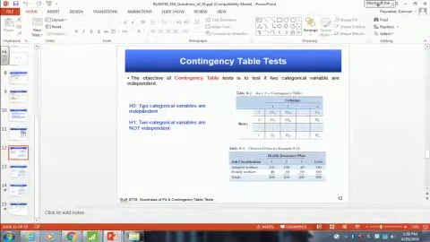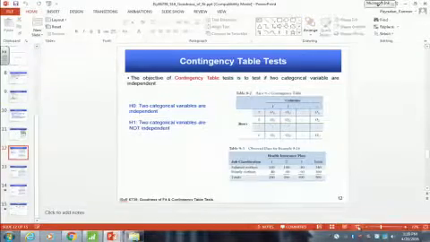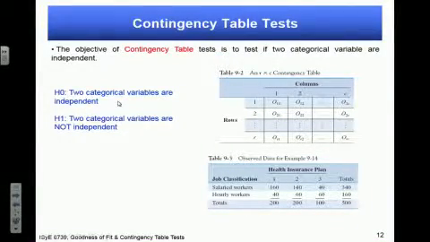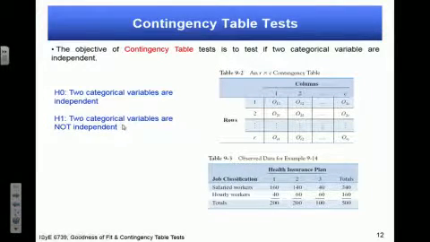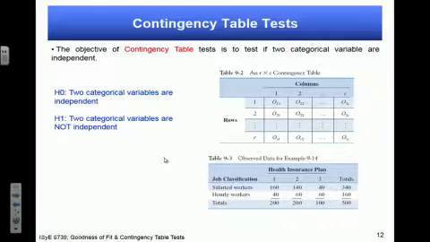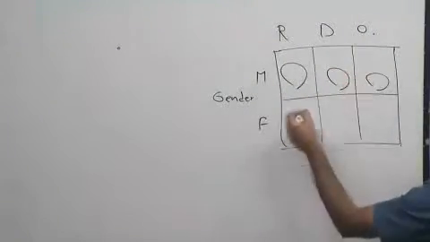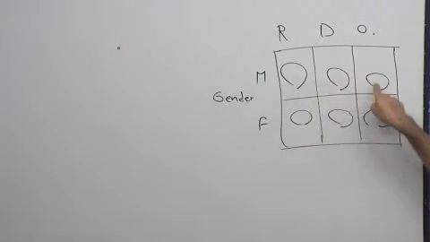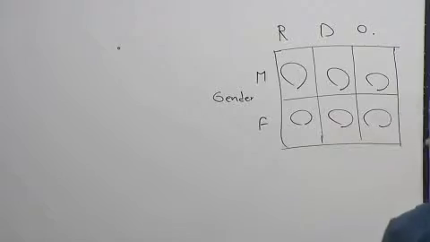So H naught is whether these two categorical variables are independent, and H alternative is they are not independent. So there is a relationship between these two. Okay? And what you have is the number of people or samples in each cell. So it's kind of like a count. How many here, how many here, and so on and so forth.